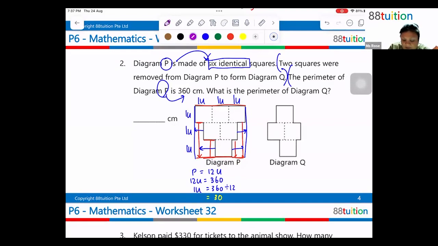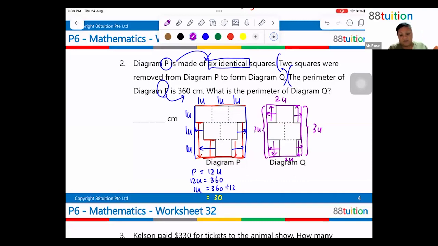Then we need to do the same for diagram Q. When we do the same for diagram Q, we will have 2 units, and we have how much here? 3, and so you push it out, and 3 units.